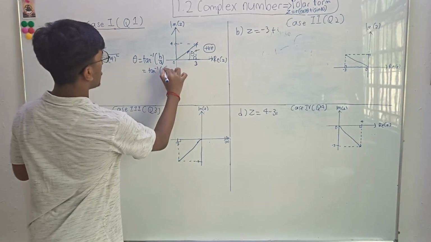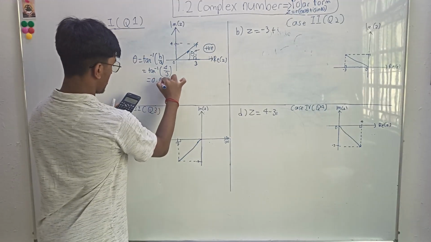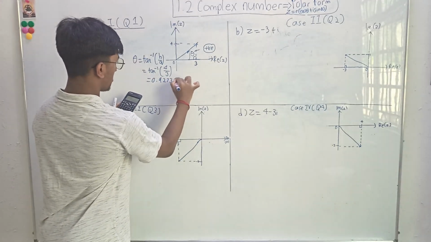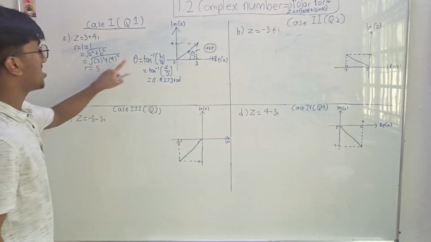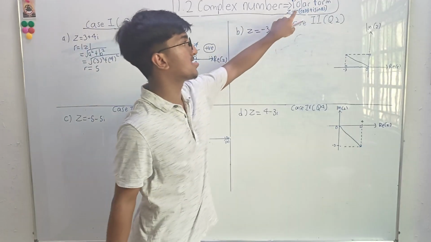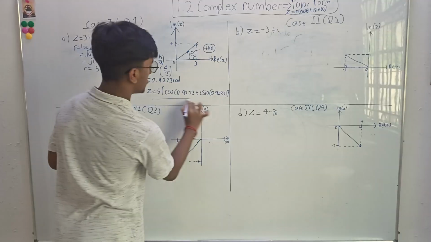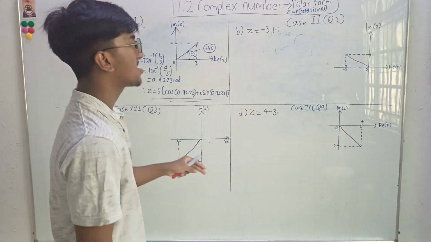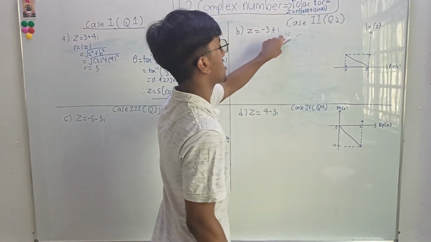My b is 4, my a is 3. I get 0.923 radian. So after finding the r and theta, you can represent them in the polar form. So that's it.